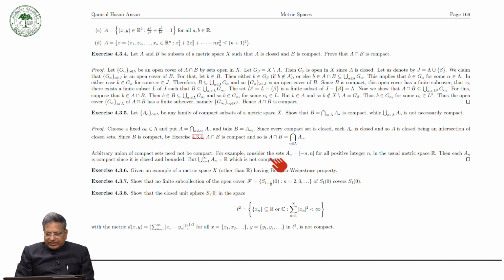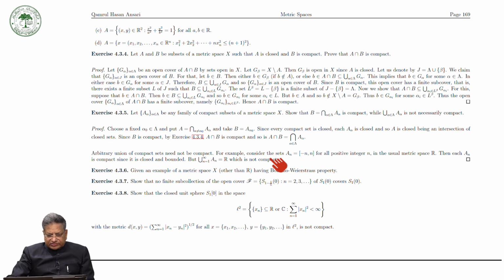Now for the other part, to prove that an arbitrary union of compact sets is not compact, we will have to give a counterexample to show that an arbitrary union of compact sets need not be compact.